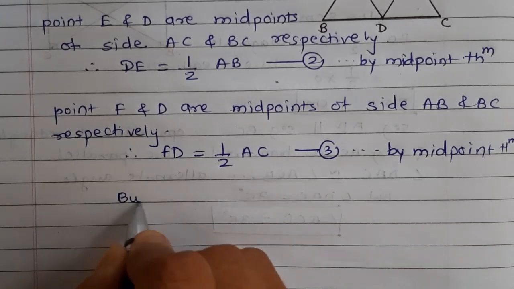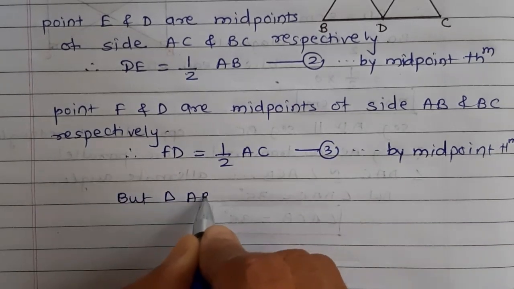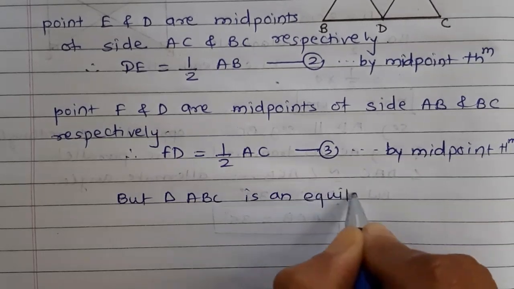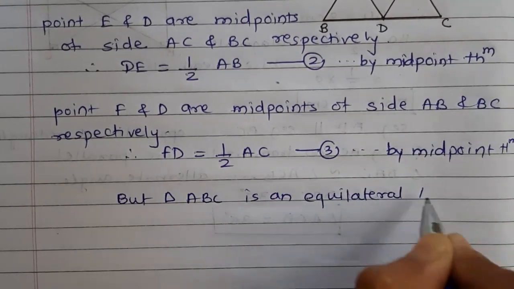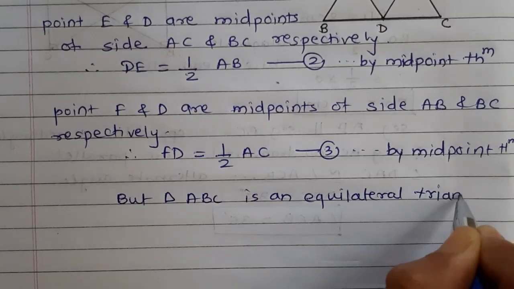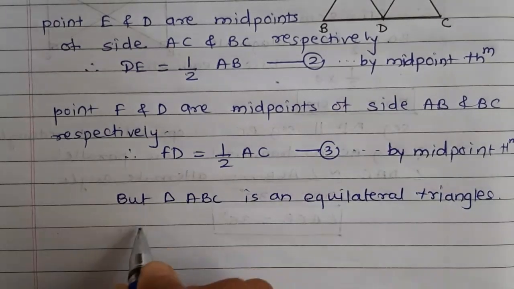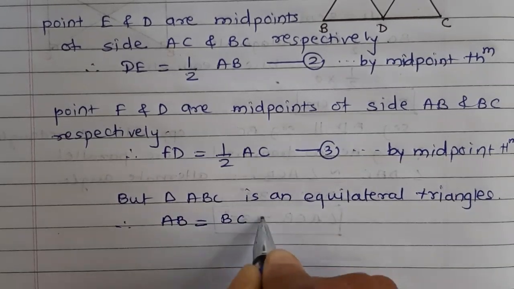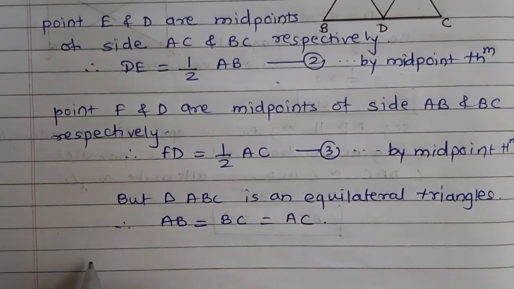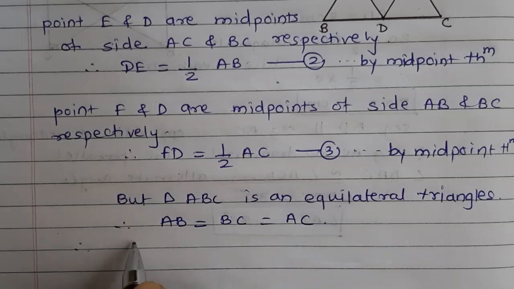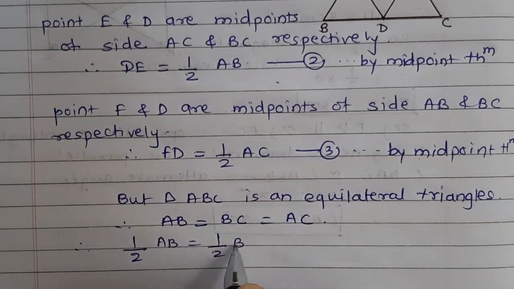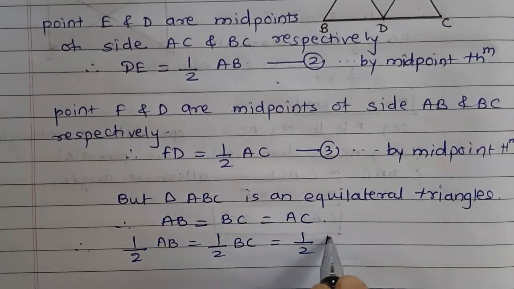But triangle ABC is an equilateral triangle, and we know that an equilateral triangle means all three sides are equal. So here we can mention AB equals BC equals AC. Now if we multiply half with all these three, then we will get half AB equals half BC equals half AC.